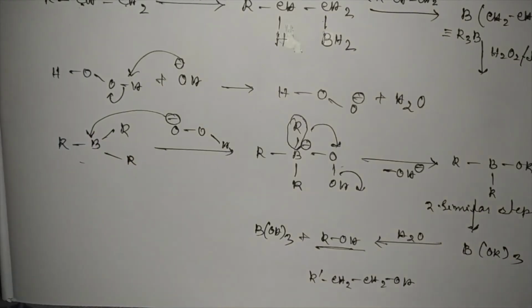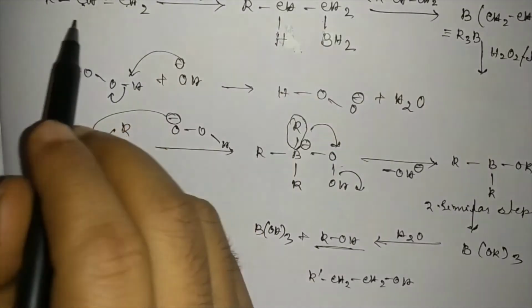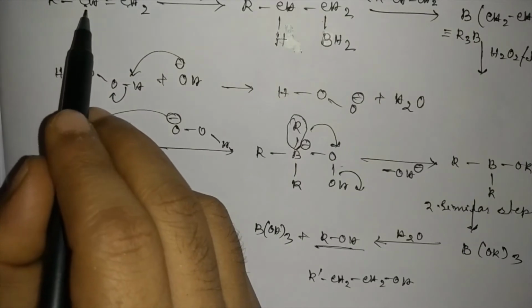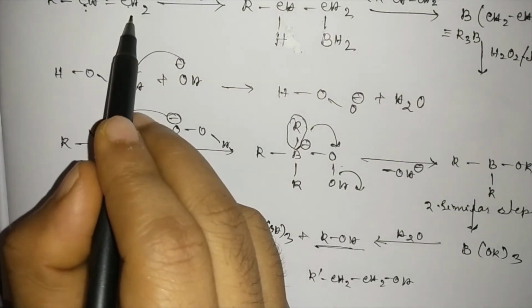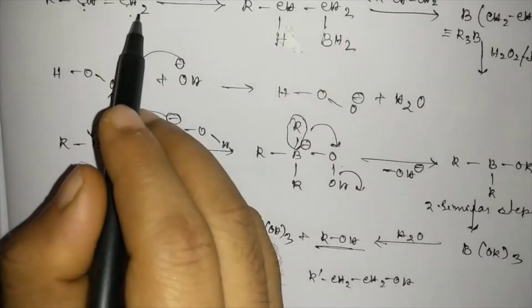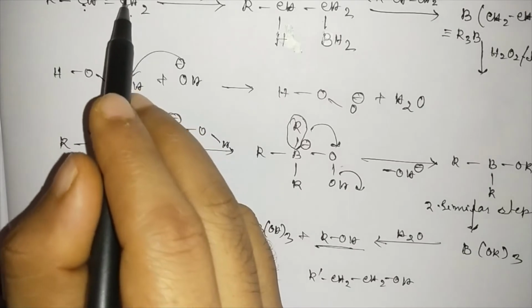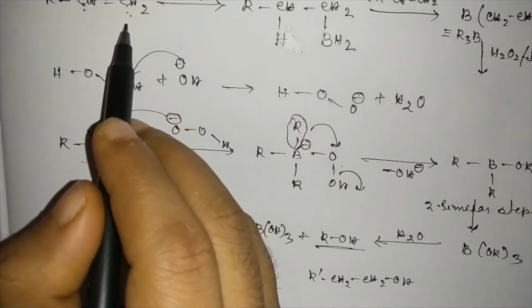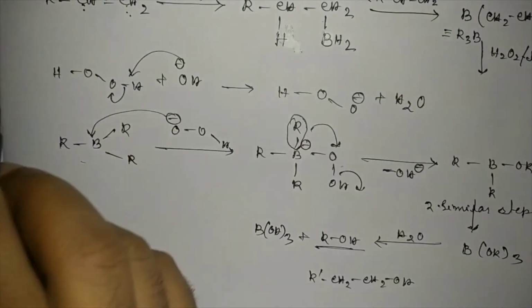So it is actually anti-Markovnikov addition of H2O, we can say. Here H and OH are adding: hydrogen will add to the more hindered side and OH will add to the less hindered side. So this is anti-Markovnikov addition of H2O into this alkene.